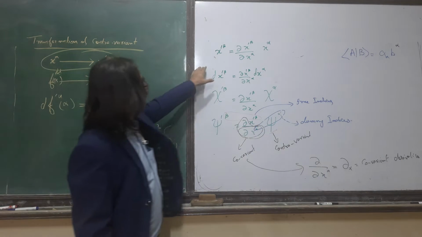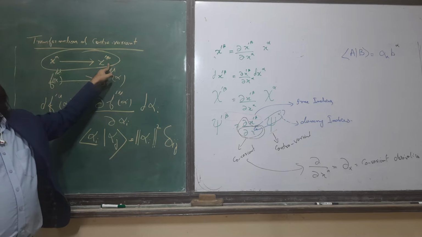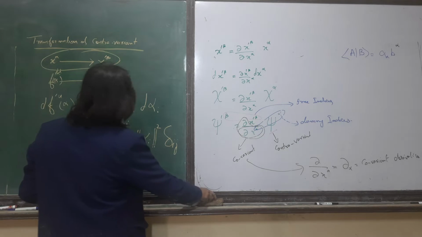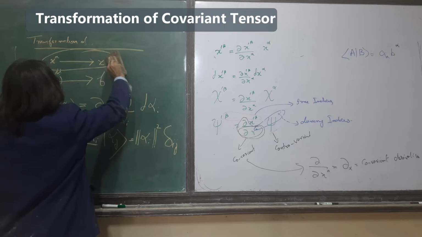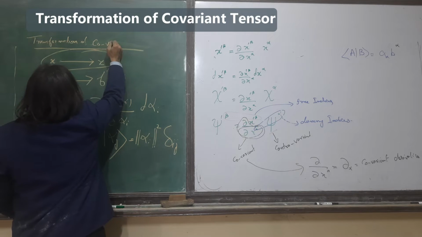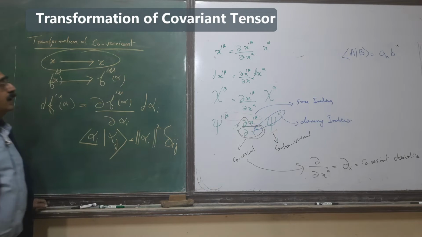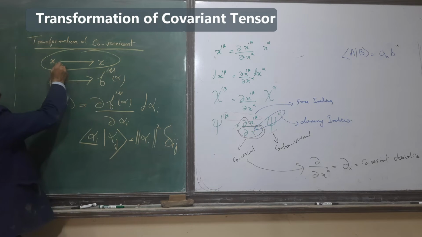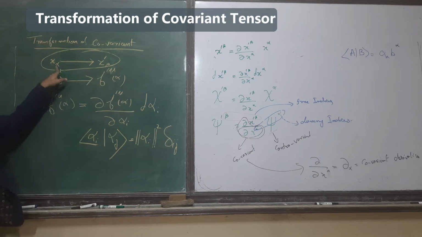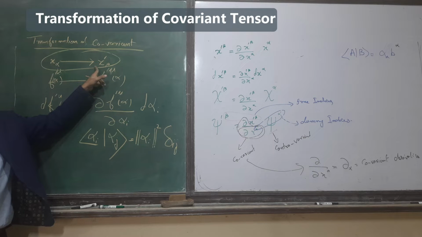Now we consider the transformation. This is the transformation of the contravariant, the transformation of contravariant. But if we consider the transformation of covariant, now the alpha will be transformed into, this is subscript, this is subscript, so both are covariant.